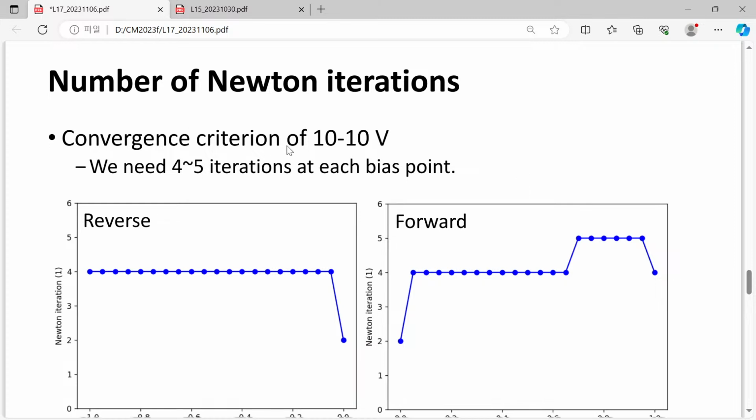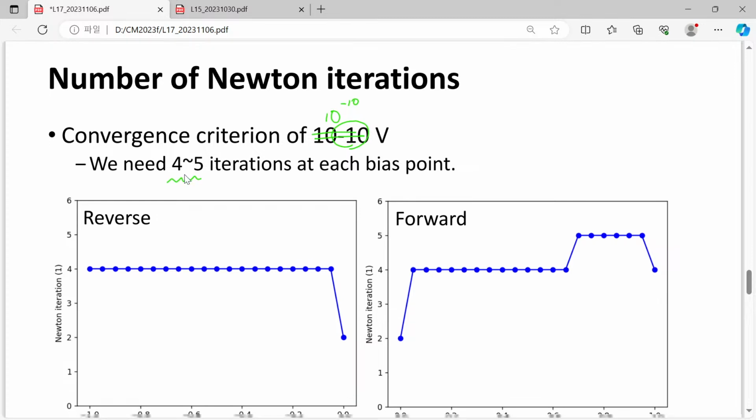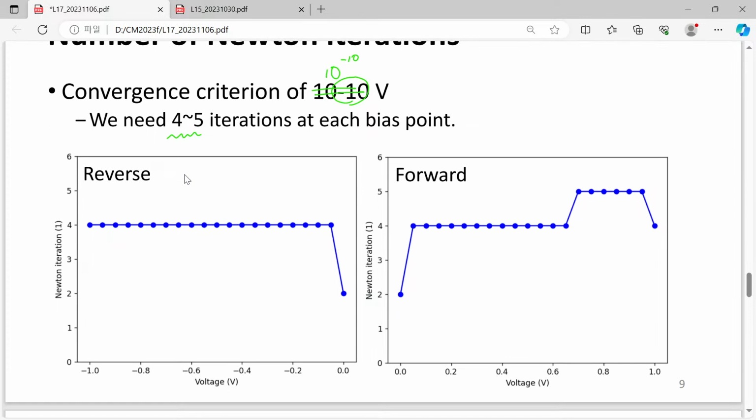If you have done it, oh, sorry about that once again. This is not 10 minus 10, that is 0, but 10 to the minus 10, so I made a mistake. This one should be a superscript. And if we say the convergence criterion is 10 to the minus 10 volt, 0.1 nanovolt, we need just 4 or 5 Newton iterations to get the solution at each bias condition.